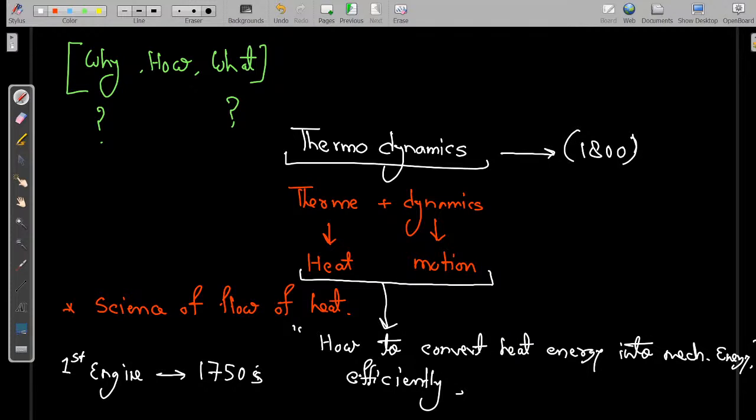Okay, so you can see that well before the thermodynamic subject existed, we had developed the heat engine. But the heat engines we developed before the invention of that subject thermodynamics were very inefficient. These engines were very inefficient.